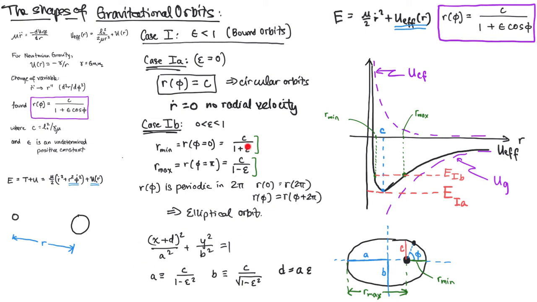And now we're ready to interpret this quantity epsilon. If we look at the ratio of A over B, that's the ratio of the width to the height of this ellipse, or the major to minor axis. That ratio is equal to the square root of 1 minus epsilon squared. And this is a definition of the eccentricity of the ellipse.